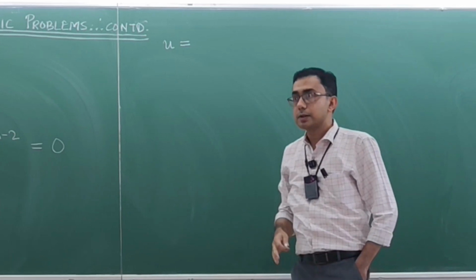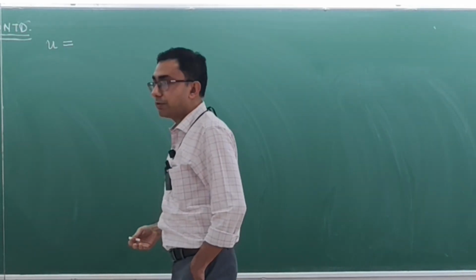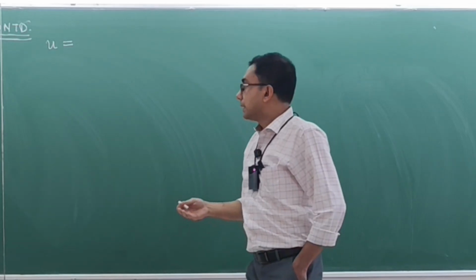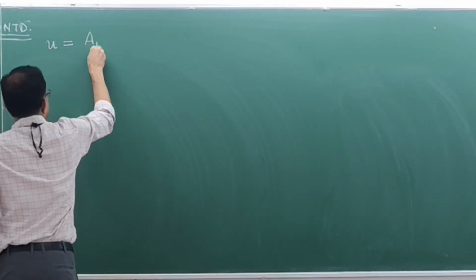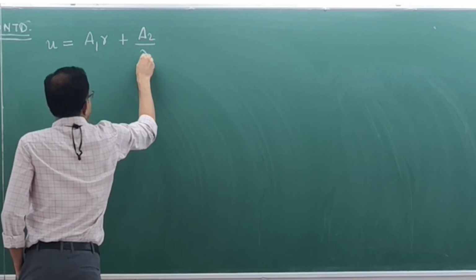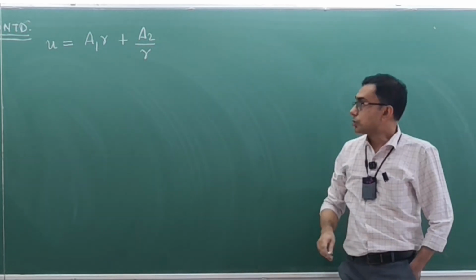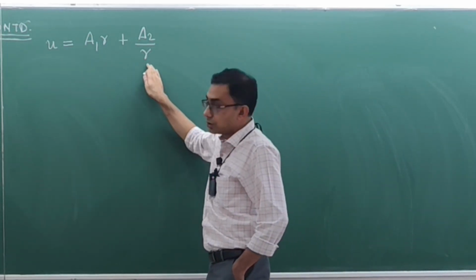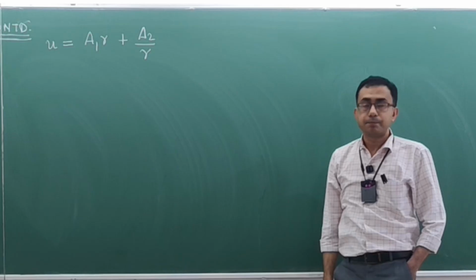Both of them are solutions, and the general solution or the complementary function will be constituted of both these contributions. So it will be something like this. This is the general solution. This is the r to the power 1 and this is the r to the power minus 1.